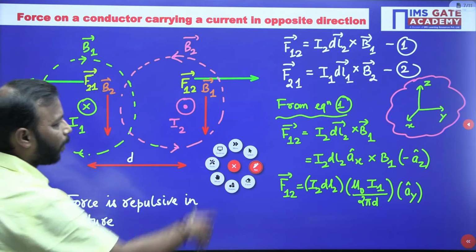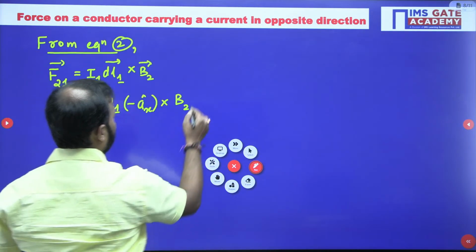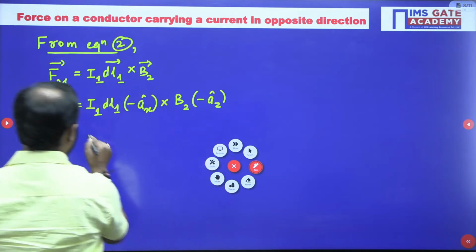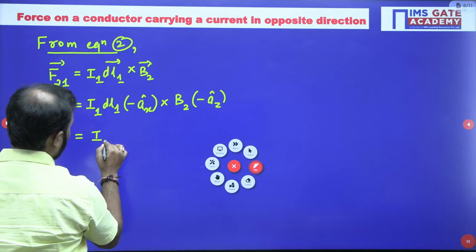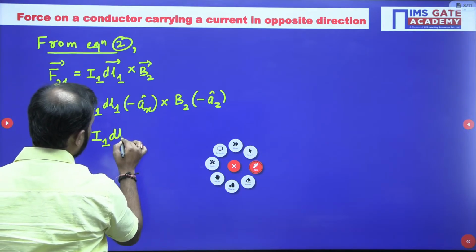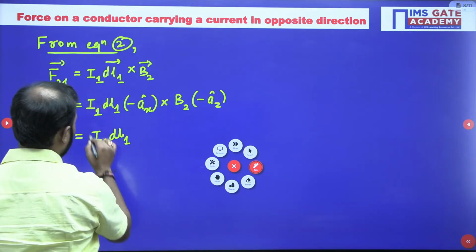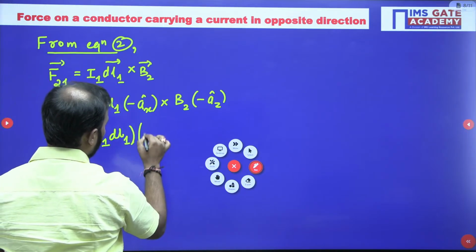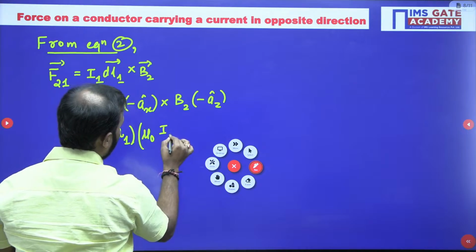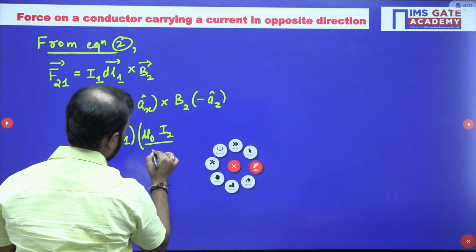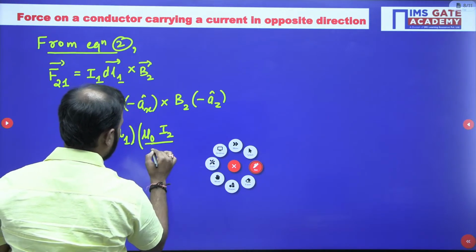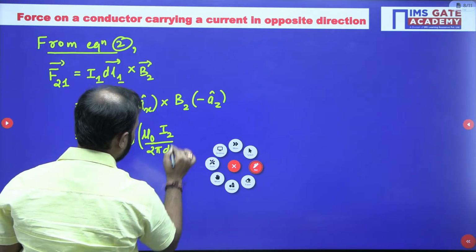It is downward, so minus AZ cap. So this is equal to I1 del L1, and B2 is mu naught H2, where H2 is I2 upon 2 pi d.